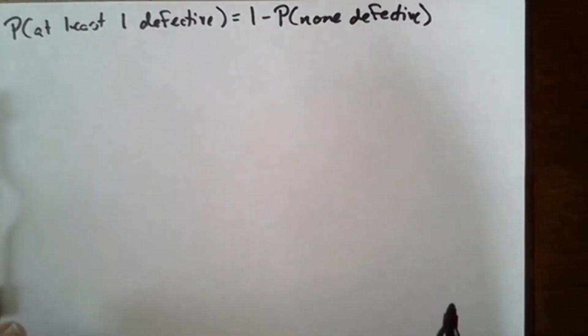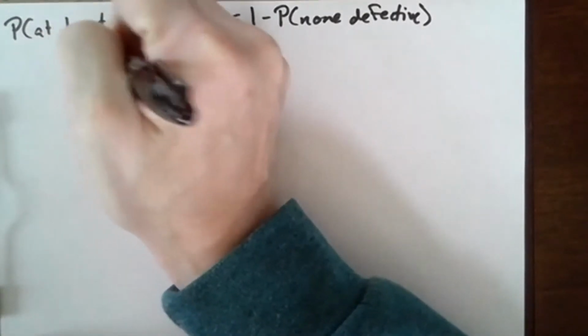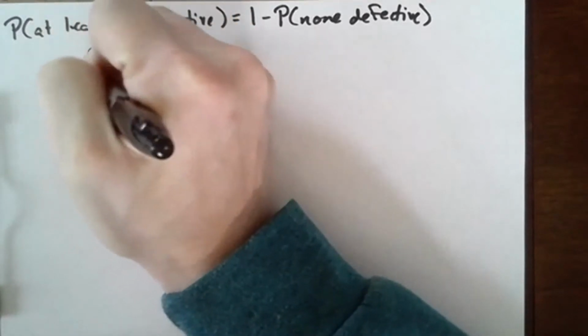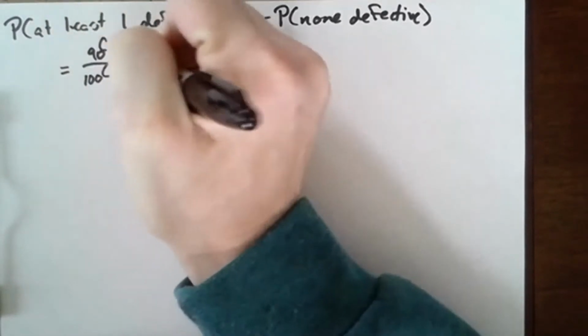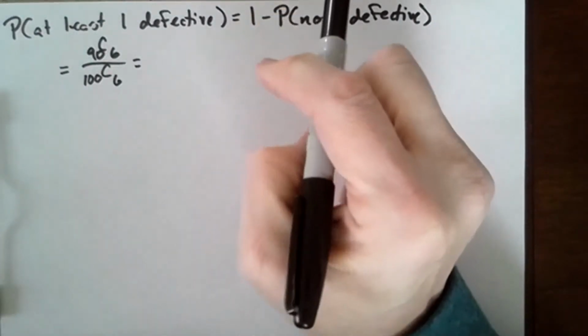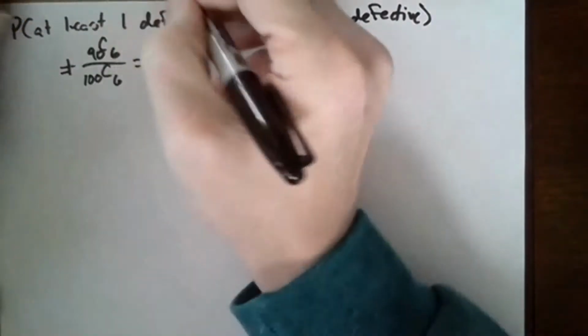So that's going to be the probability 90 choose 6 over 100 choose 6. Sorry, it's 1 minus 90 choose 6 over 100 choose 6.